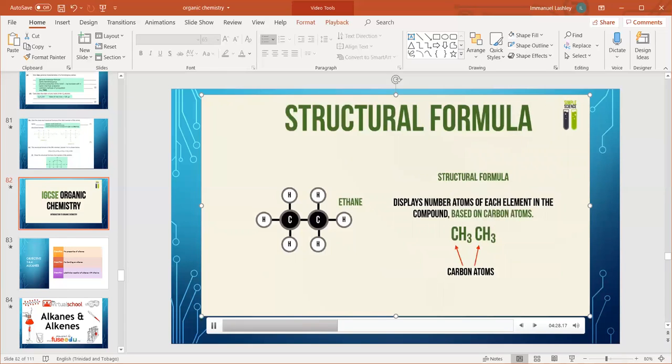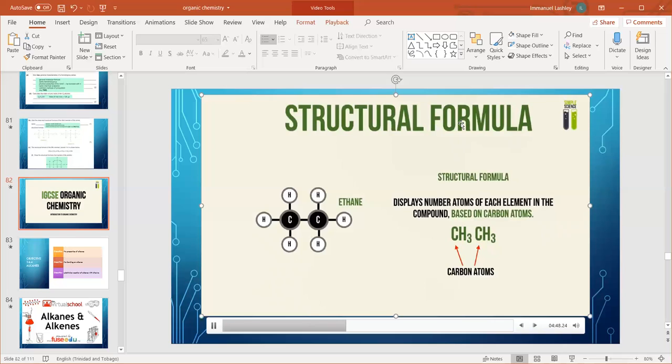Now let's look at the structural formula, which is basically the same as the molecular formula. However, it splits all carbon atoms in the formula into separate positions so that all the surrounding atoms around each carbon atom are put separately.